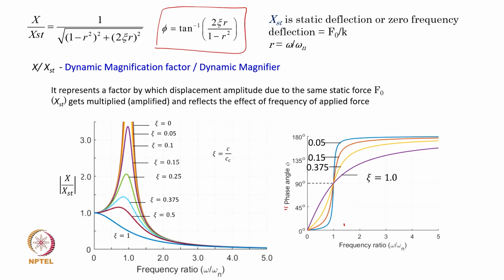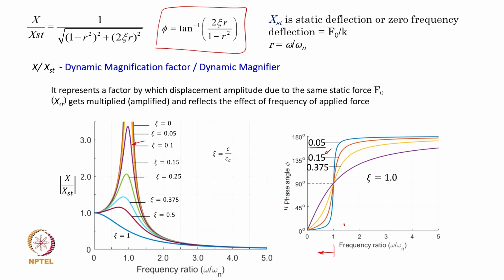So, you can see the phase angle for a low level of damping. The damping that we are looking at is 0.05 or maybe 0.15, which was considered somewhere here for this case. So, at lower frequency range, that means less than the critical speed.